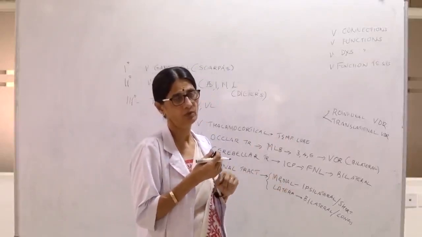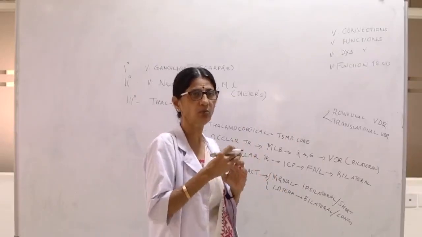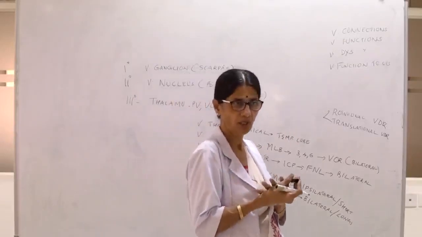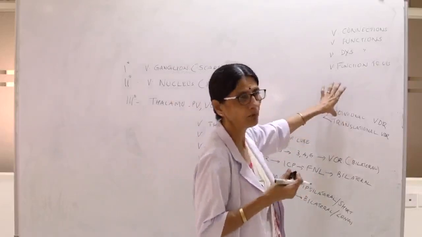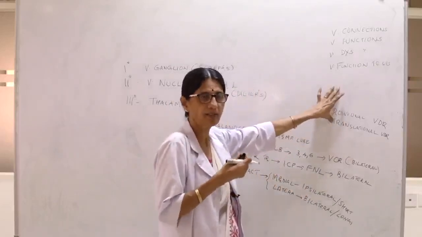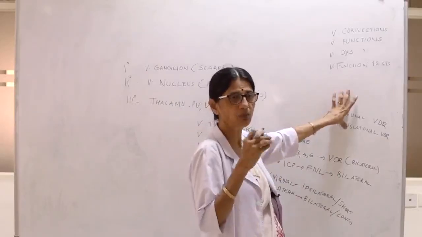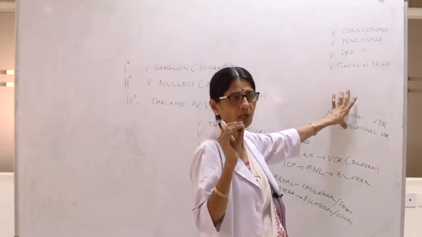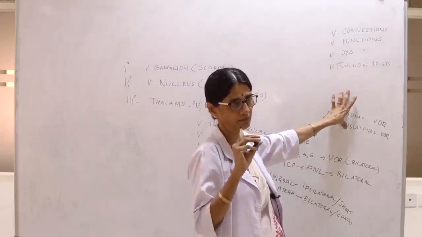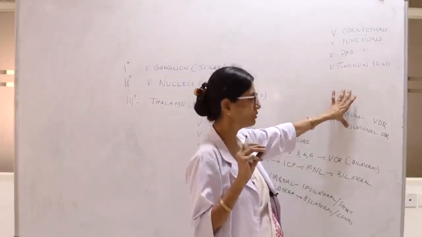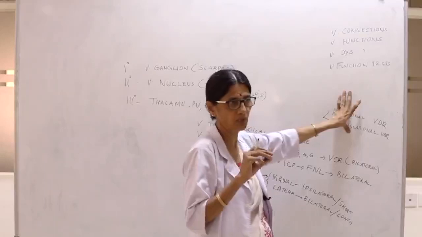Followed? So the movement of the head will be associated with the movements of the eyeballs in the opposite direction, and that is a reflex movement, actually a compensatory mechanism whereby the images will be preserved in the center of the retina or in the center of the visual field. So that is the purpose of the vestibulo-ocular reflex, which is normally present in all of us.